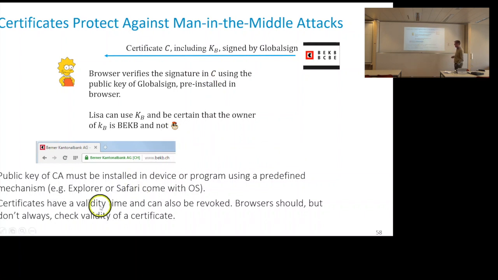Certificates, like everything, have a validity time, because it can happen that a private key has been corrupted, a bank had a problem, or the software was corrupted or was the victim of an attack. So certificates themselves have a validity time, which means that we depend on time in the computer.